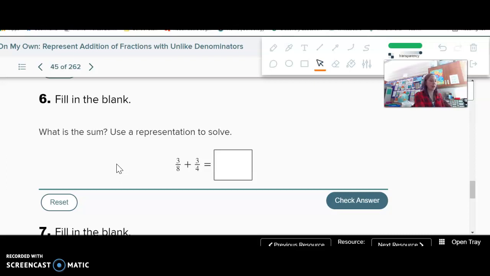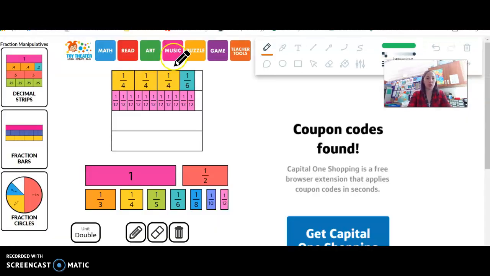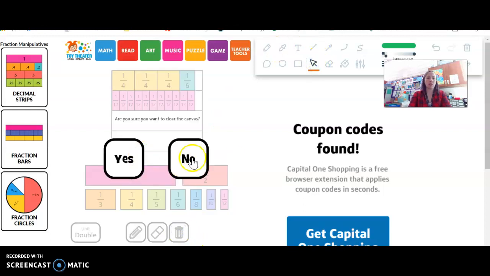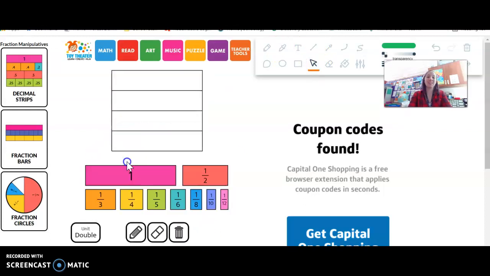All right, now you might have noticed this one was a little tricky because it's bigger than 1. So if I have 3/8 plus 3/4, that's too much.